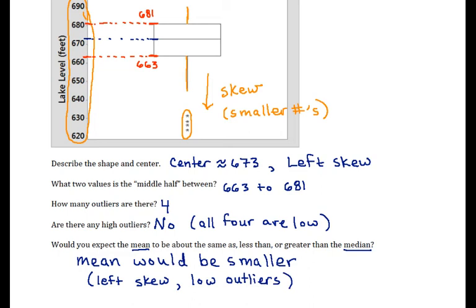So we know that the mean would be a little bit less than 673. Maybe we could estimate this mean to be about 670, or maybe a little bit less than that. Maybe it would go all the way down to 665. Usually it's not dramatically different from the median, but it does get pulled in the direction of the skew. It can be dramatically different if you have a really extreme outlier.